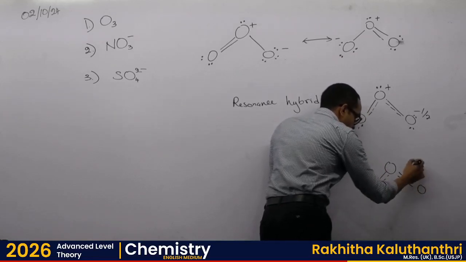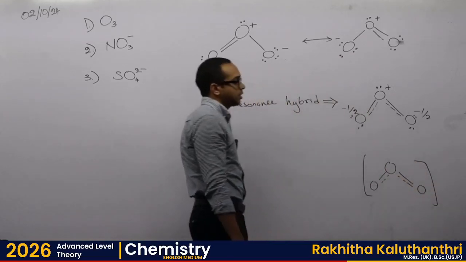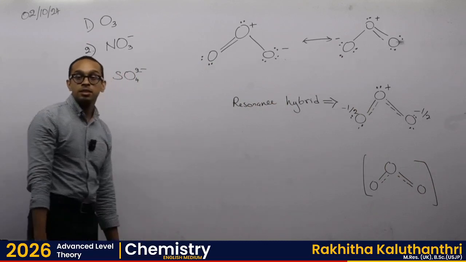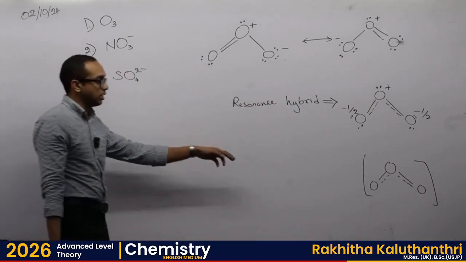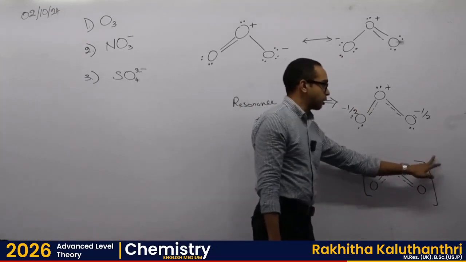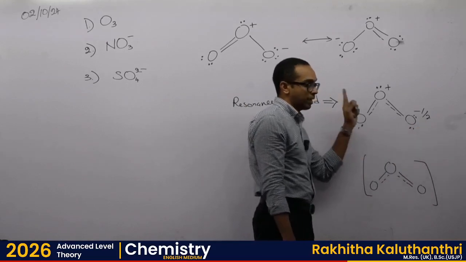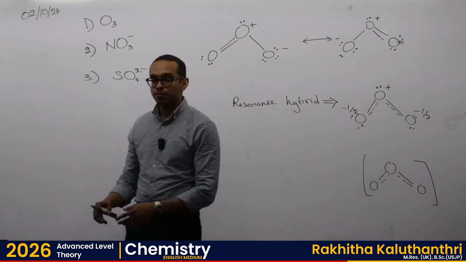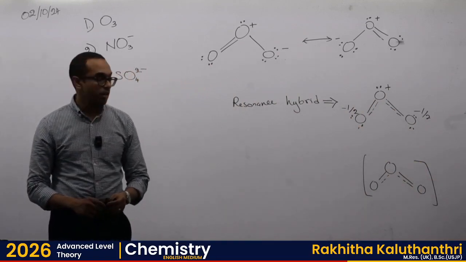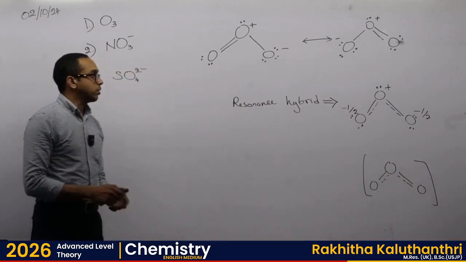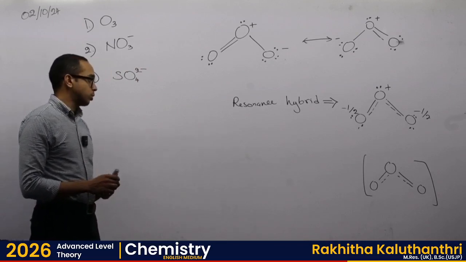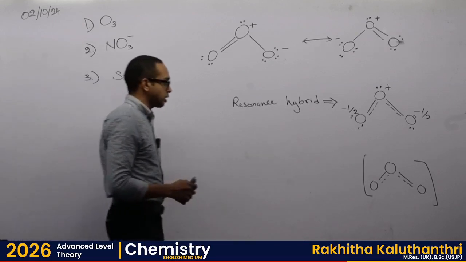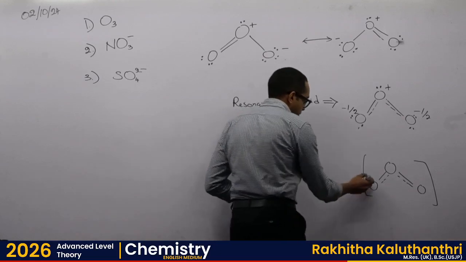There's no overall charge in this case, right? Within brackets, if you put the charge, what happens? Outside the bracket, there should be no overall charge because these two together is -1. There's a +1 here. Zero charge outside the bracket. Is that clear? Right. So that is how the resonance structures are drawn, students. That is how the resonance structures are drawn, and then the resonance hybrid is drawn.